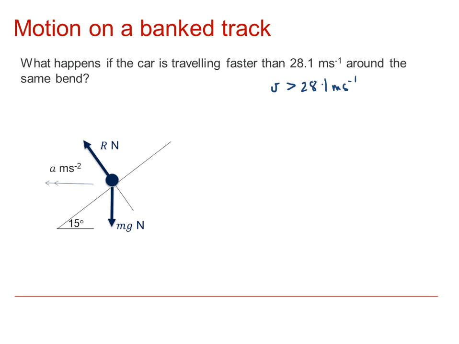The acceleration will be greater, and therefore we will need a greater force. The only way that we're going to get an extra force is to introduce a frictional force, which will act down the slope here, and that will then have a component towards the center of the circle.